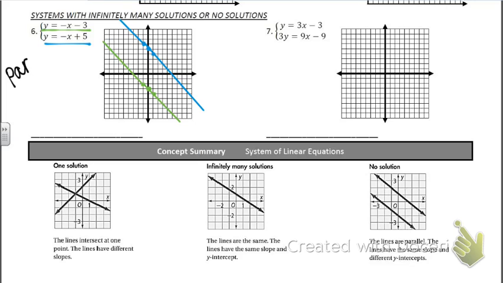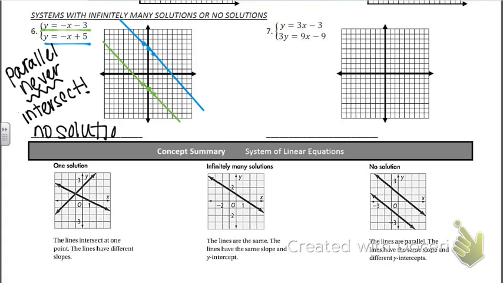Yeah, they have the same slope. Before we even graphed it, you should have known they were parallel. Parallel lines never intersect. So will they ever have a solution? No, the solution is where they cross. So parallel lines have no solution. And you can do the 0 with the dash through it. Okay?